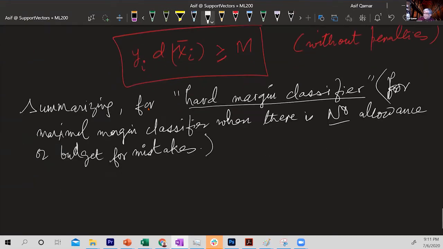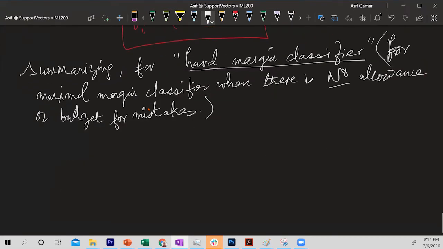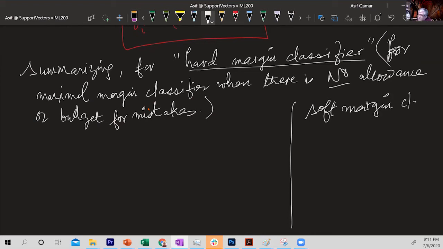The definition of a hard margin classifier is those maximal margin classifiers where there's no allowance for mistakes. The opposite of that, as a sidebar, is soft margin classifiers. What can you guess about that? There is some allowance.